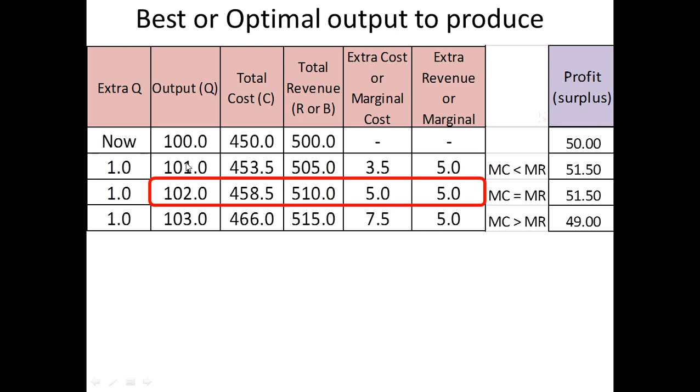But if you are an economics researcher or policy maker, is it best to produce 102? Yes, because based on the concept of optimal output, MC equals MR. This is the best one. And moreover, in reality, if you are the government, you try to encourage every business to run more business. When every business runs more, they provide jobs to more workers.